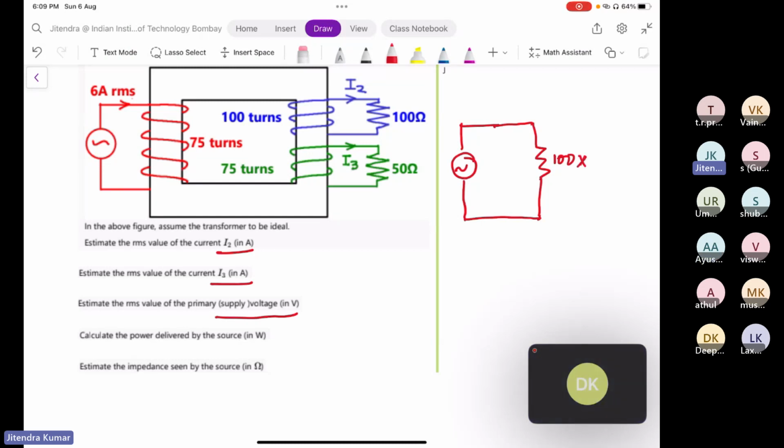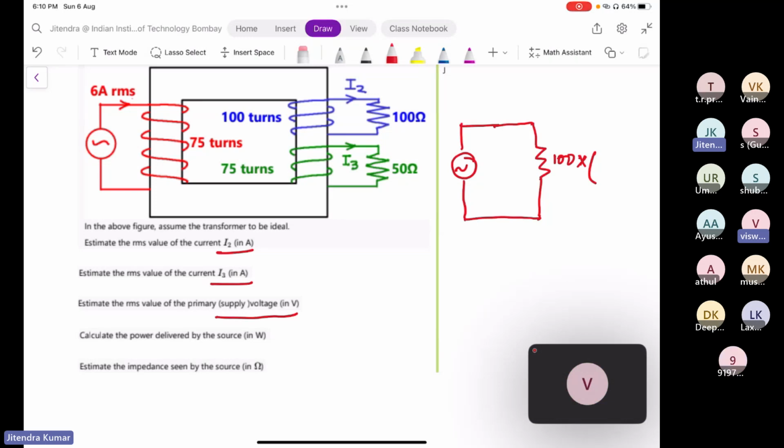Series. Why so? Because in primary, secondary, tertiary, the currents are different. We are making referring impedance to that, so that the current will be equal. Yeah, that is a perfect answer. The reason behind connecting in series is that we are referring to one side, and when we are referring to one side, we are trying to maintain the same current. So that we will do.